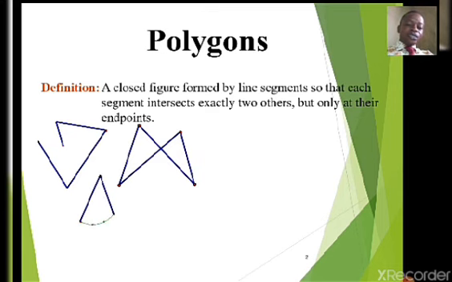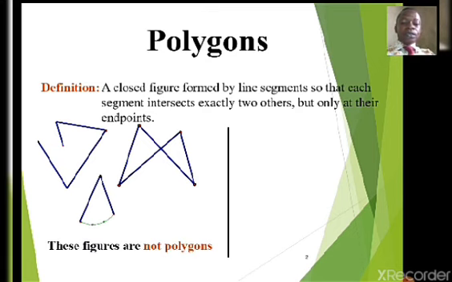Then we can see the gap between the ends, they are not meeting. So that faded line tells us that they're supposed to meet, but they are not meeting. It's just telling us that there is a gap between one end and the other end. So all these are not polygons. All these figures that we have seen from the left hand side of the slide are not polygons.